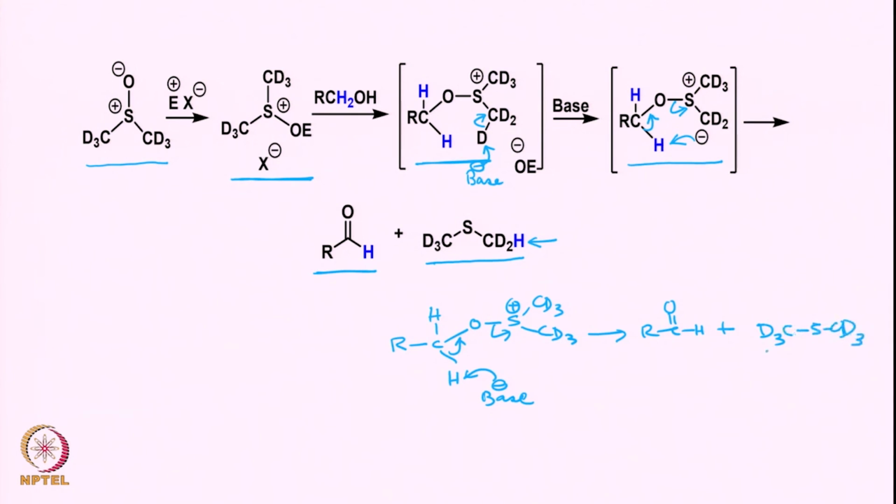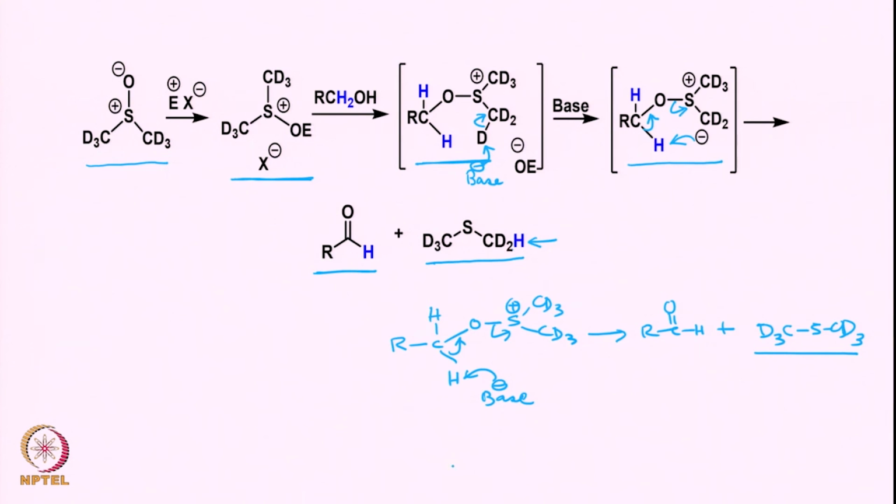But what was observed was that the hydrogen gets incorporated onto the carbon atom. That means the mechanism is an intramolecular removal of the hydrogen from the crucial intermediate that we talk about.